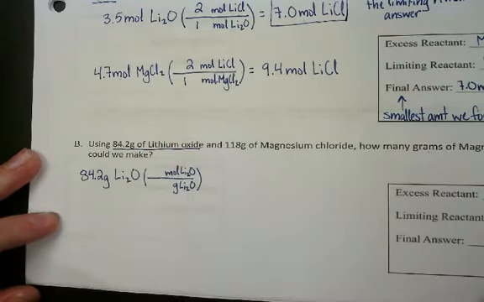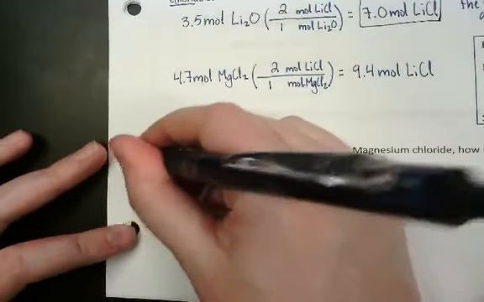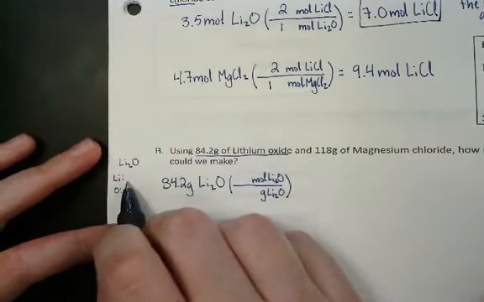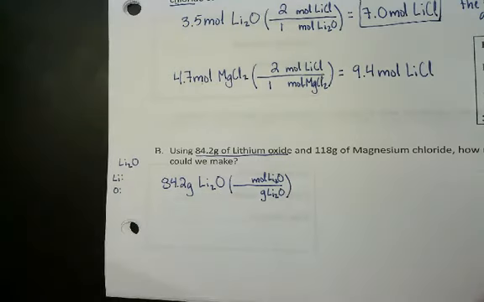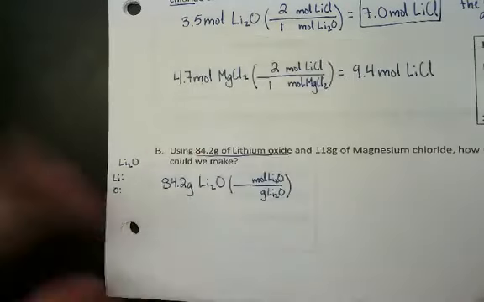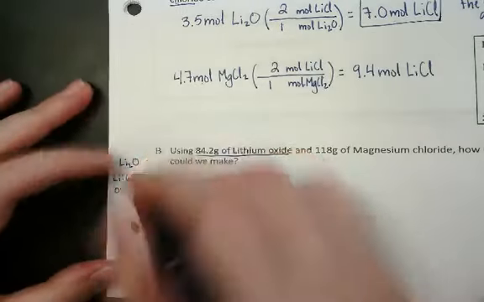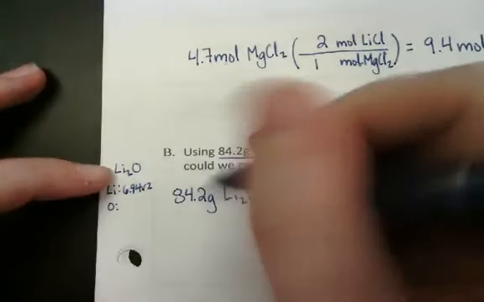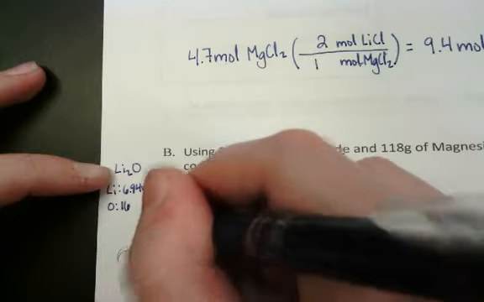and that's molar mass. So the molar mass for lithium oxide, remember we can find our molar mass by using our periodic table. The molar mass for lithium is 6.94, and there's 2 of them. So we can do 6.94 times 2. Then oxygen, the mass is 16, and there's 1.